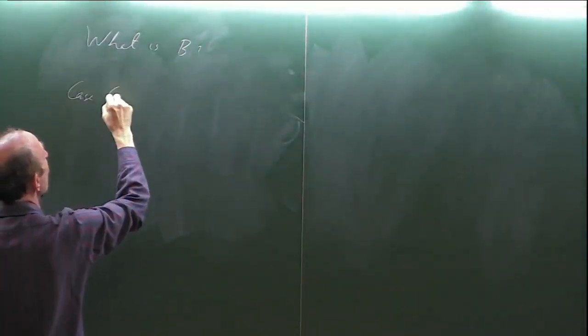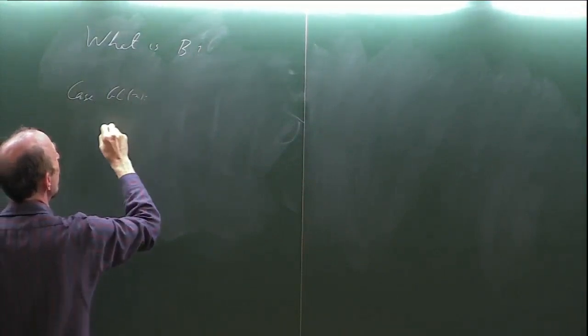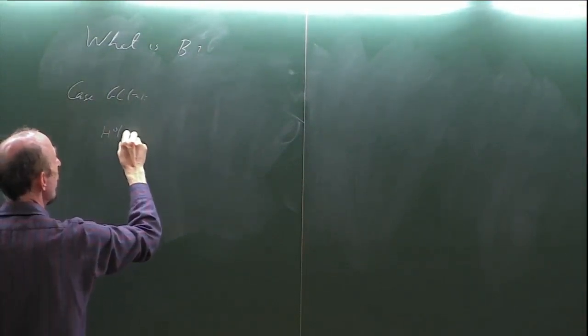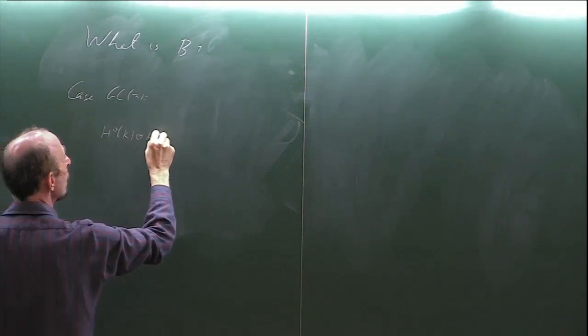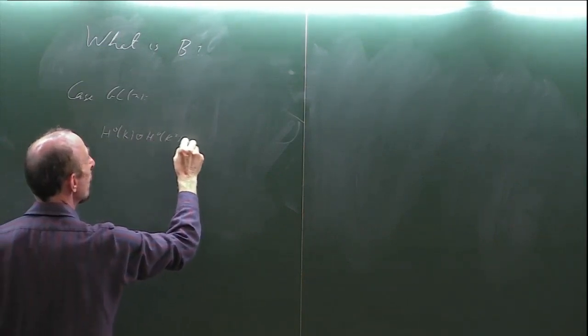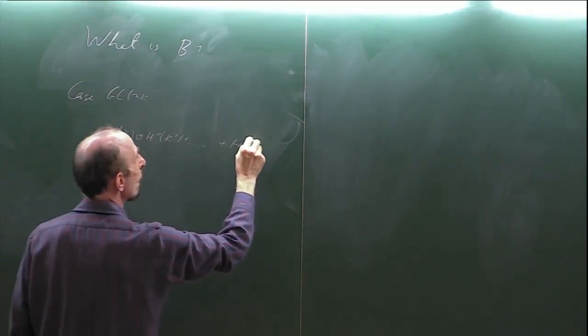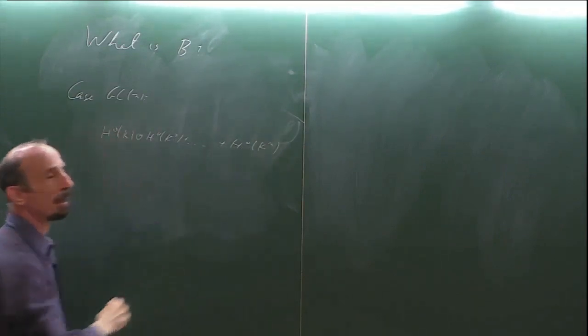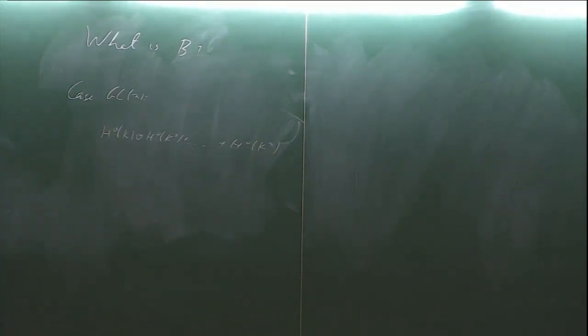In the case of GL_N, it is H^0 of K plus H^0 of K squared plus up to H^0 of K to the N, where K is the canonical bundle of your curve.